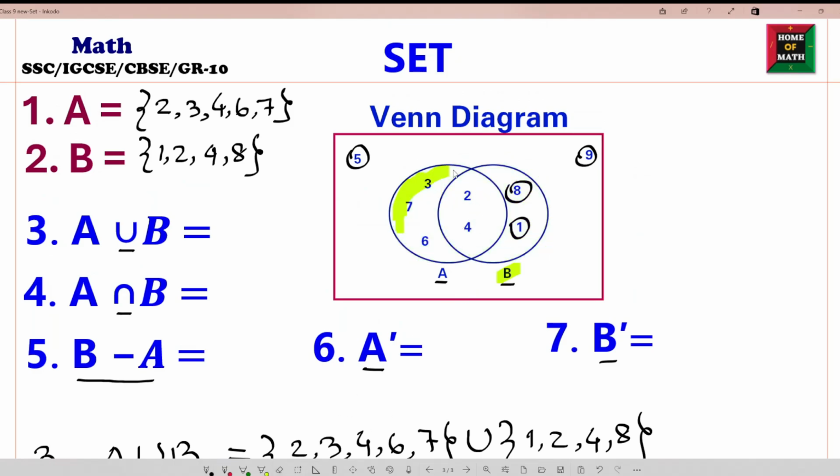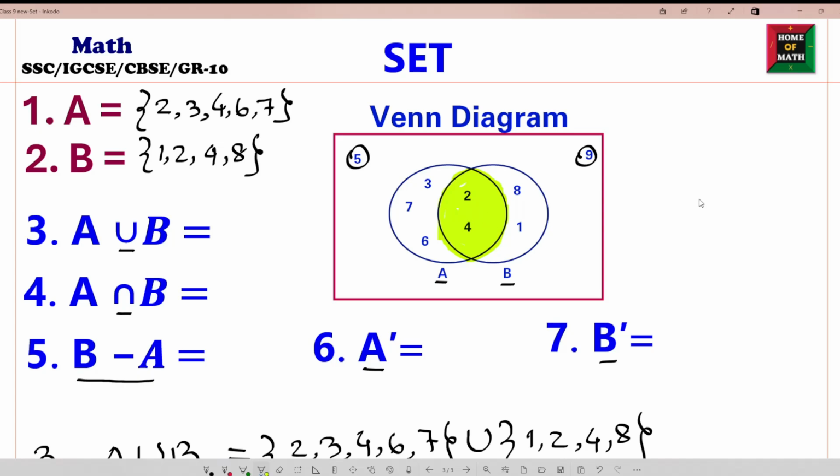In the diagram there are lots of numbers, but both circles touch in this area, which is this. This is circle A, also circle B. Inside it has only two numbers, which are 2 and 4.